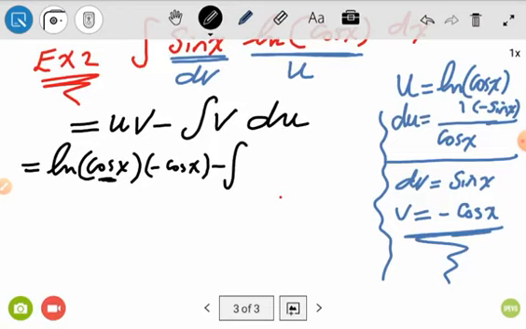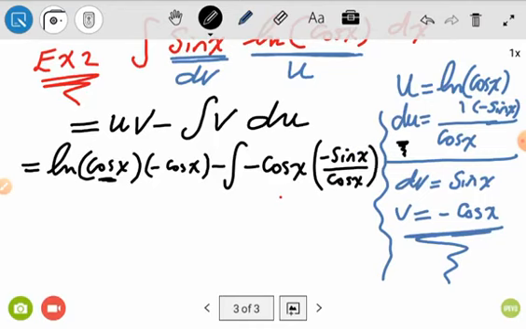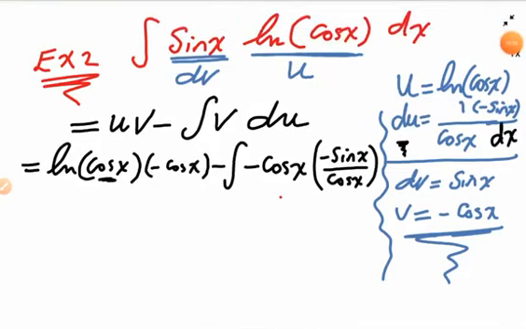Let's continue. The integral of v, which is negative cosine x, times du, which is negative sine x over cosine x, dx. We forgot the dx here.